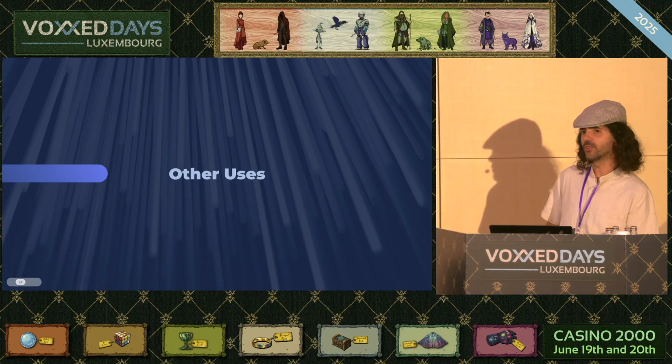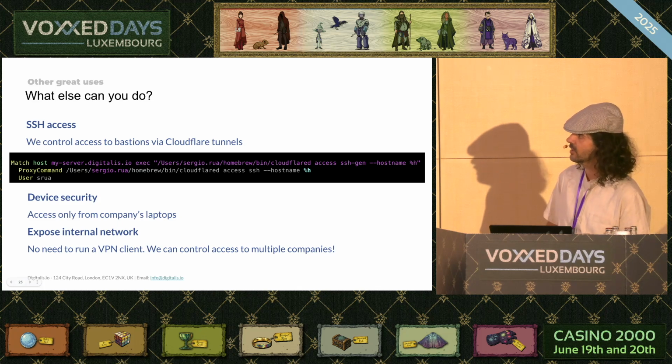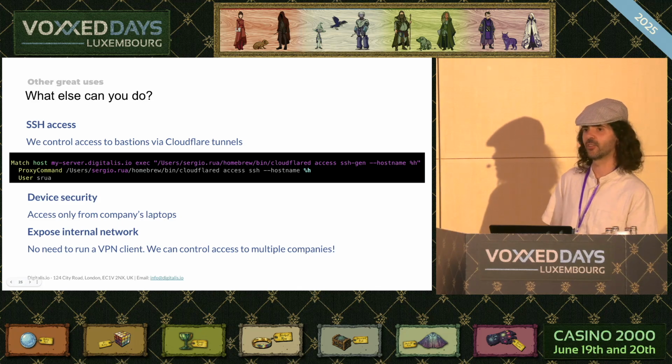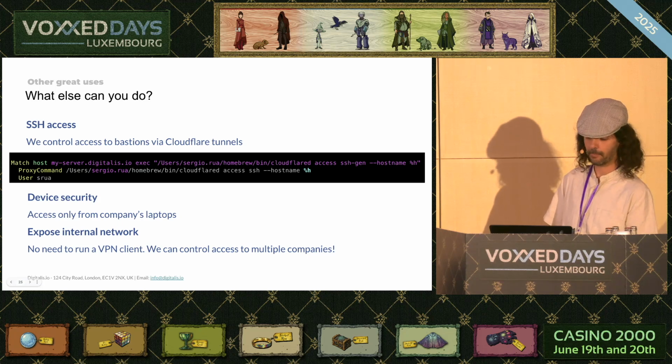What else can you do? Just as a bonus, and specifically with Cloudflare, it gives you other uses. You can use your tunnels for more than just web. You can use your tunnels for SSH connections. I connect to my bastions through tunnels, so I don't need to install VPNs or anything like that.